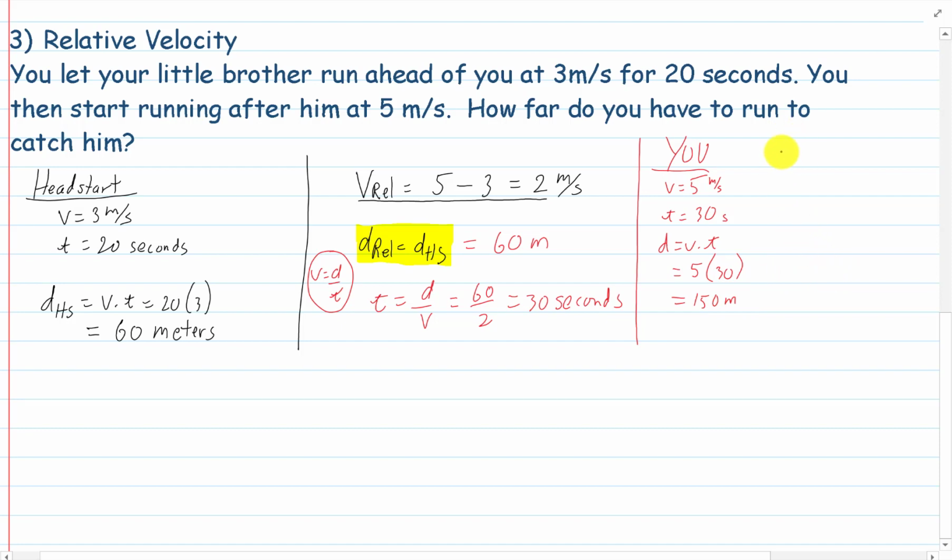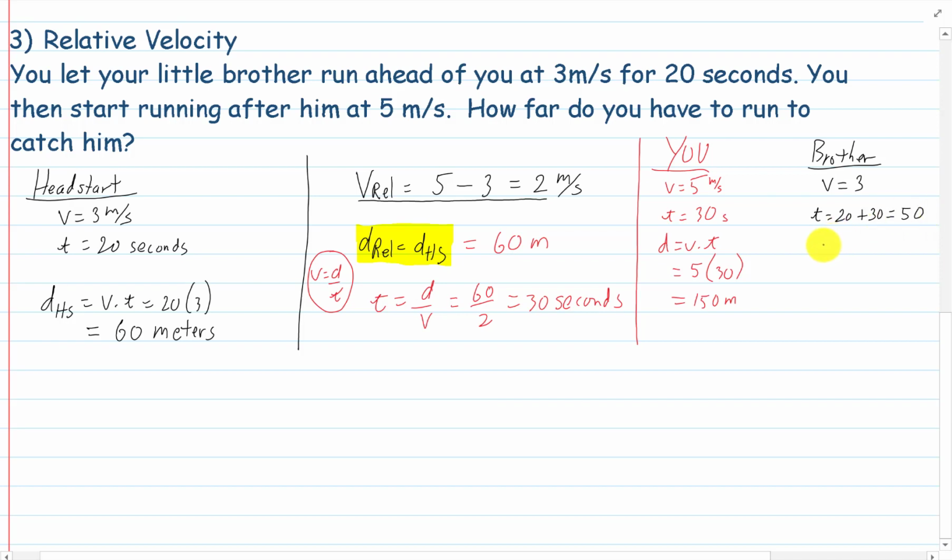Now to check it, let's do your little brother. His speed is 3. The time that he ran is the 20 seconds that he got a head start plus the 30 seconds that he ran while you started running. So that's 50 seconds.